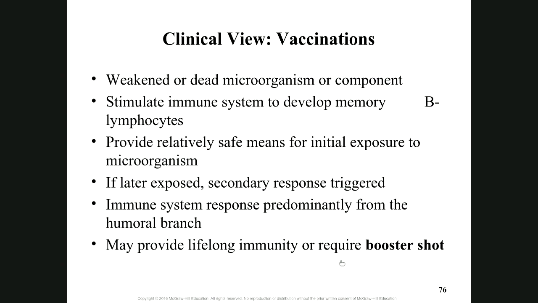The immune response comes predominantly from the humoral branch, and the B cells become active here, and they can provide lifetime immunity, for example chickenpox vaccination. But sometimes we need a booster shot, like for rabies, tetanus, and influenza.